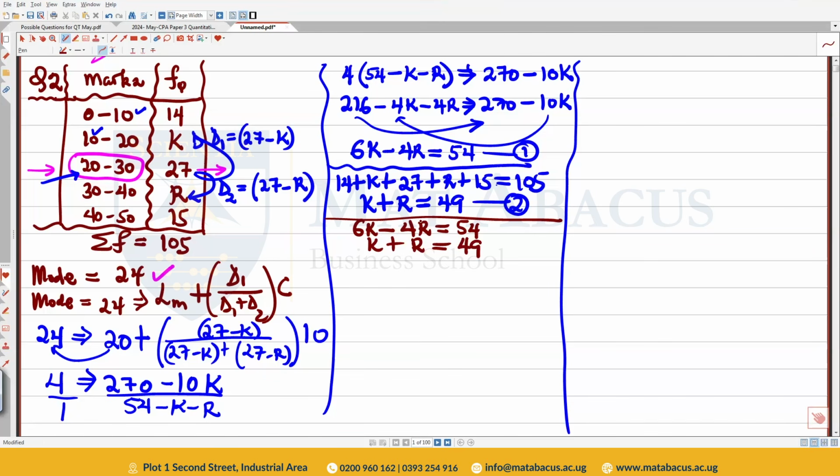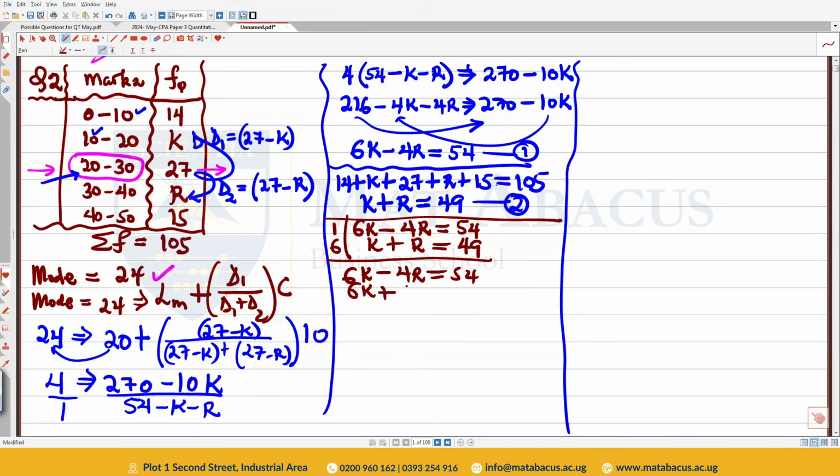These are the two equations now. We can make this one a 1 and this a 6. We are using what we call the elimination and substitution method. So we shall have 6K minus 4R is equal to 54.